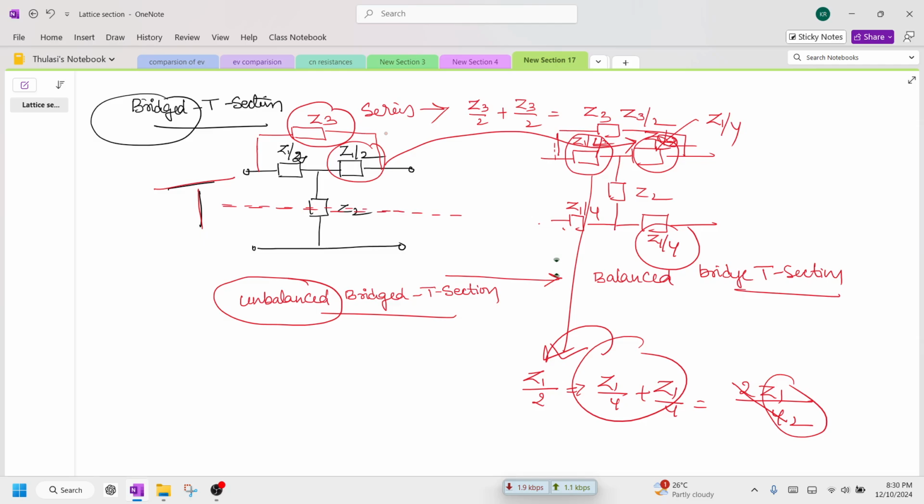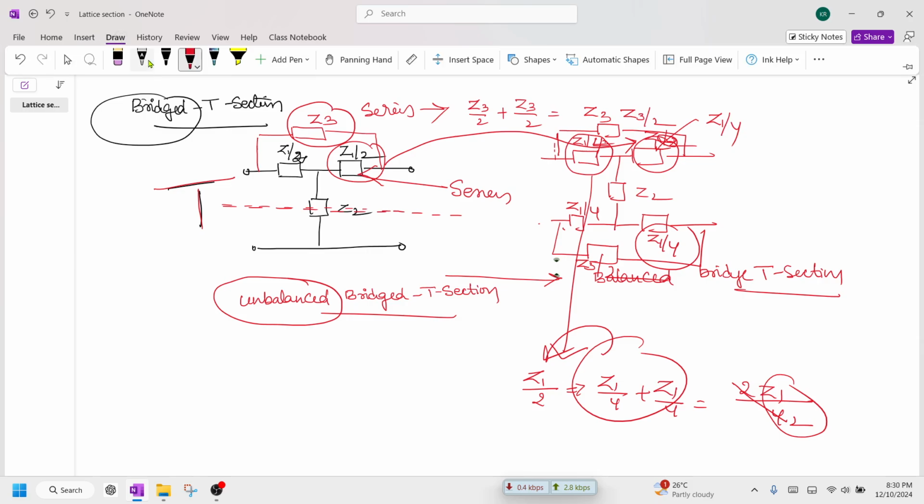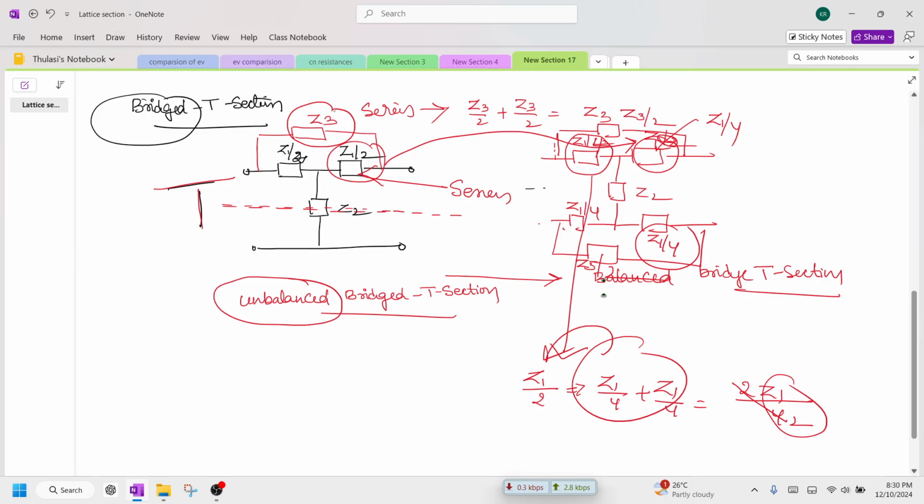You can see here, these are series arms. Basically Z1 by 2, Z1 by 2 are in series, and in series we have to add. This is also in series, this is Z3, and I am writing this once again as Z3 by 2. Now you can see here, when you draw a half line in the center and fold, the upper diagram and bottom diagram are the same.